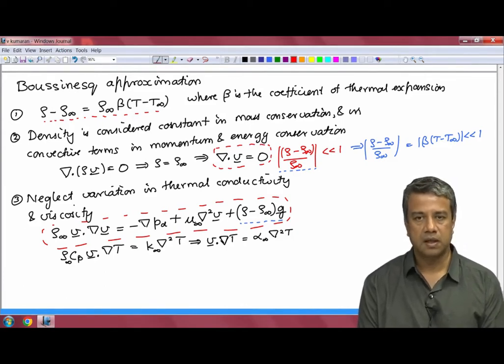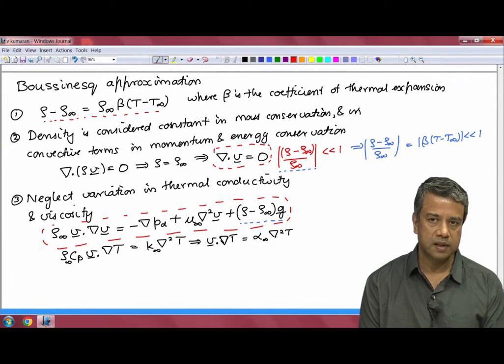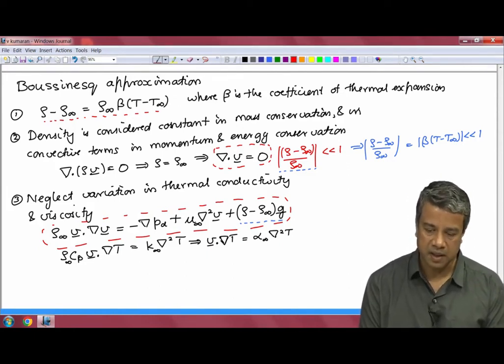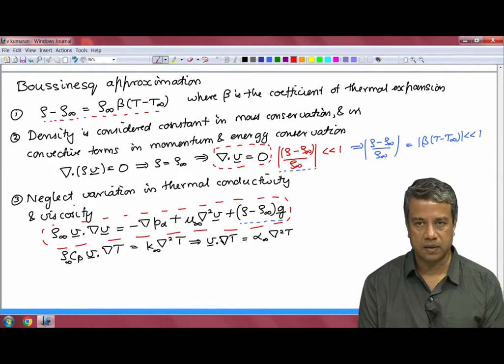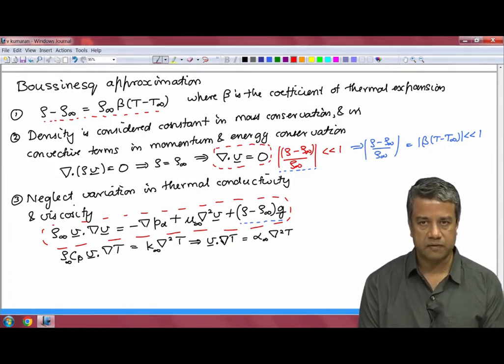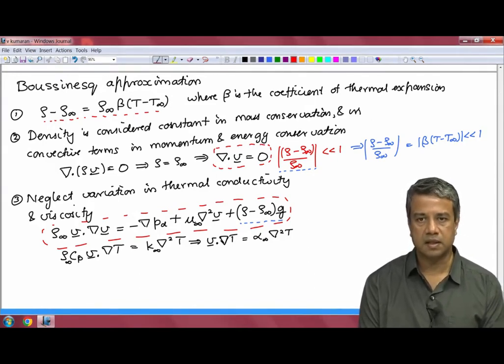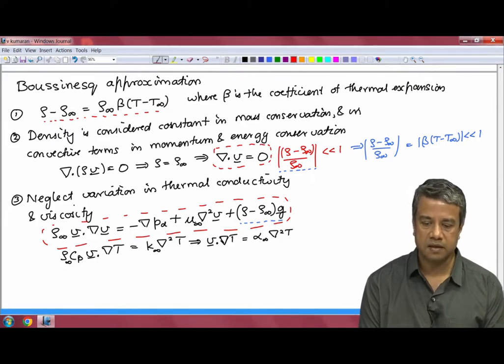Therefore, beta is usually a negative constant. In some cases, the change in density is written as minus rho infinity into beta into T minus T infinity. In that case, beta is a positive constant, but the way I have written it here, beta is a negative constant, which tells you the fractional variation in density due to the variation in temperature.